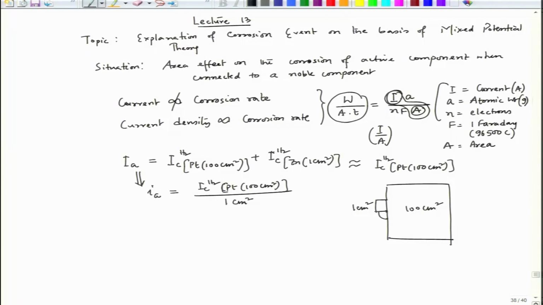So the same current is flowing over this smaller section.